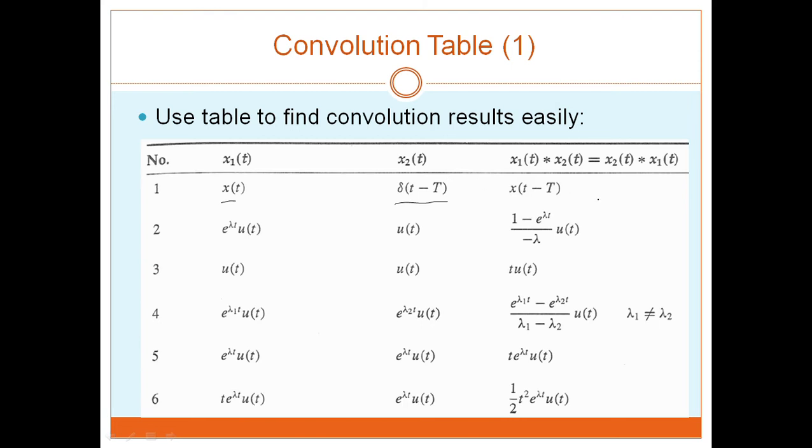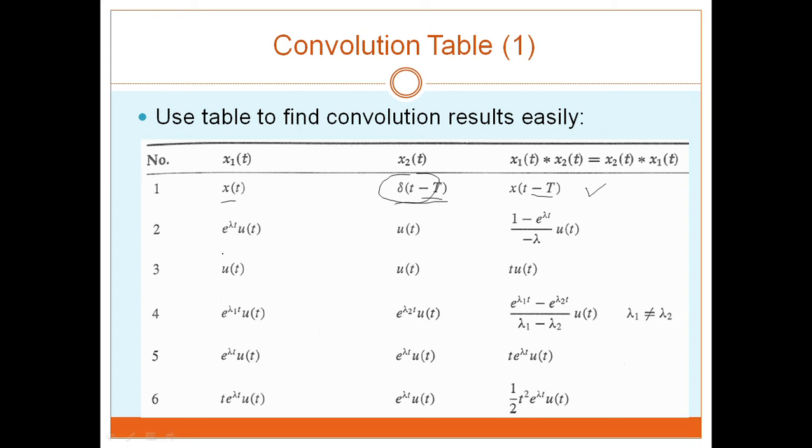As I said just now, if you convolve a signal x(t) with an impulse, the result will be the same as the original signal x(t), but of course shifted. This is under the properties.